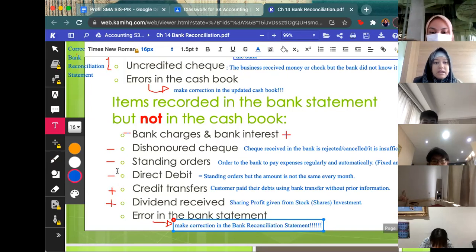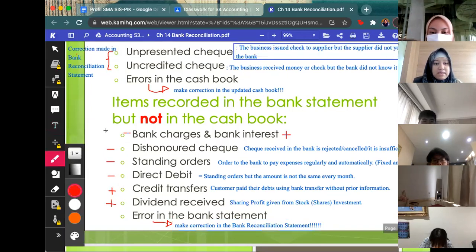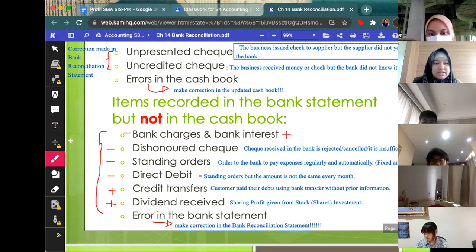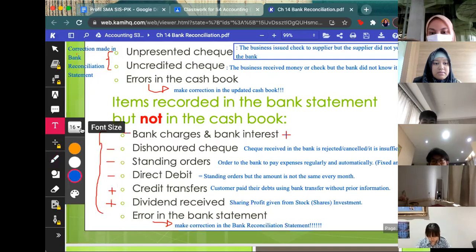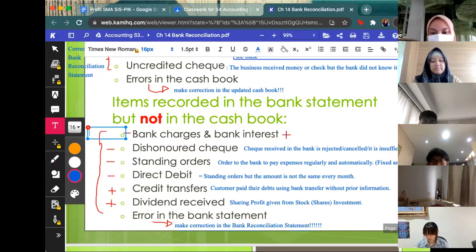Meanwhile, all of these will be made or corrected in the updated cash book.